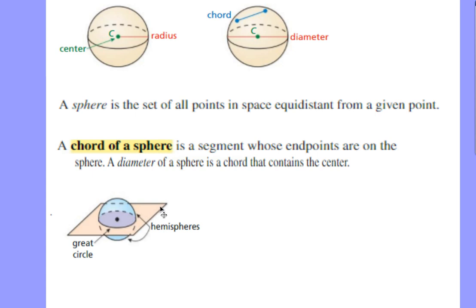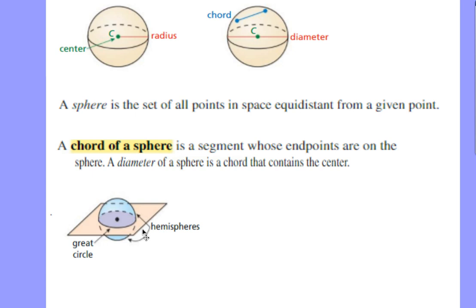Now, what we end up having here is that if you were to take a cross section of a sphere, or cross sections is when you split a solid, what is the two-dimensional shape that actually is created by that cross section? Well, obviously it would be a circle when you slice up a sphere.